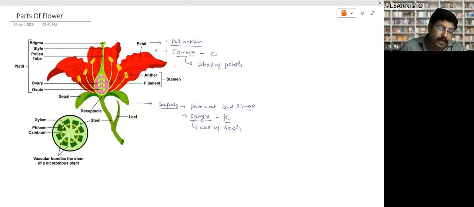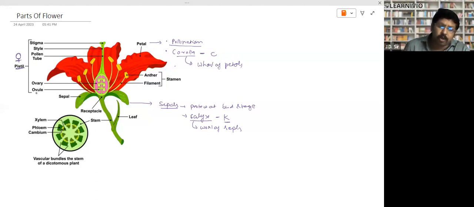Then gynoecium and androecium. Then it comes to the gynoecium. Basically this is the pistil. Pistil is known as the female reproductive part. Female is always represented by this circle with a plus, the mirror of Venus, a symbol of females. The uppermost part is called stigma, then the middle part is style.